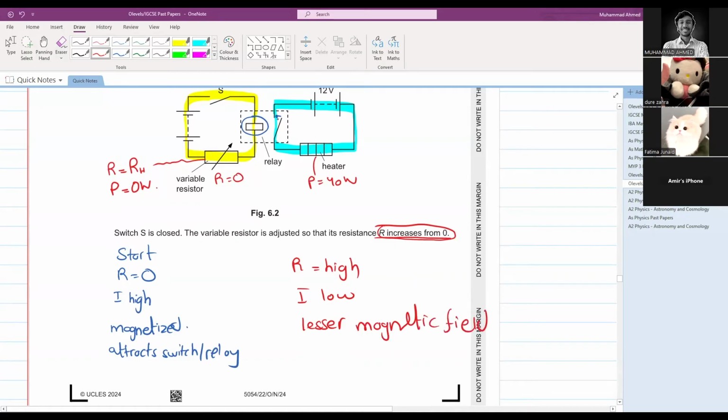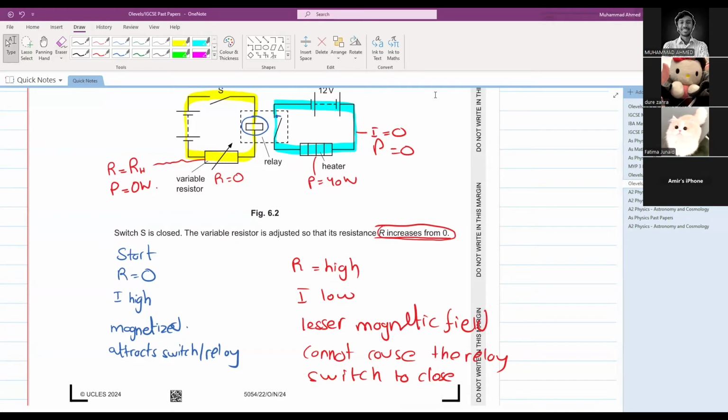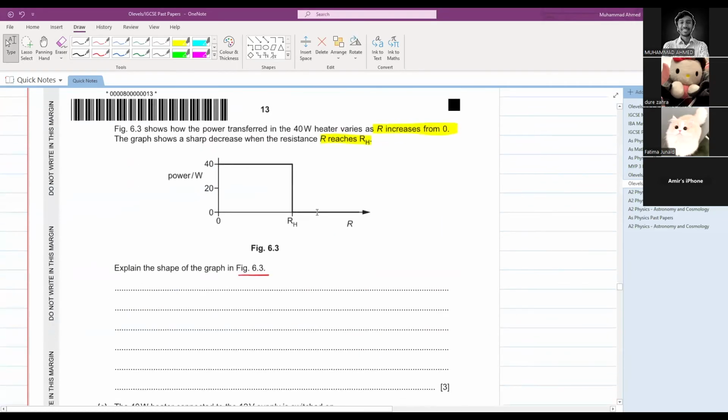Hence, it does not attract this relay switch and cannot cause the relay switch to close. Hence, there is zero current flow in this circuit, hence the power drops to zero. Now is it understood? Yes or no? Okay, now let's write it.